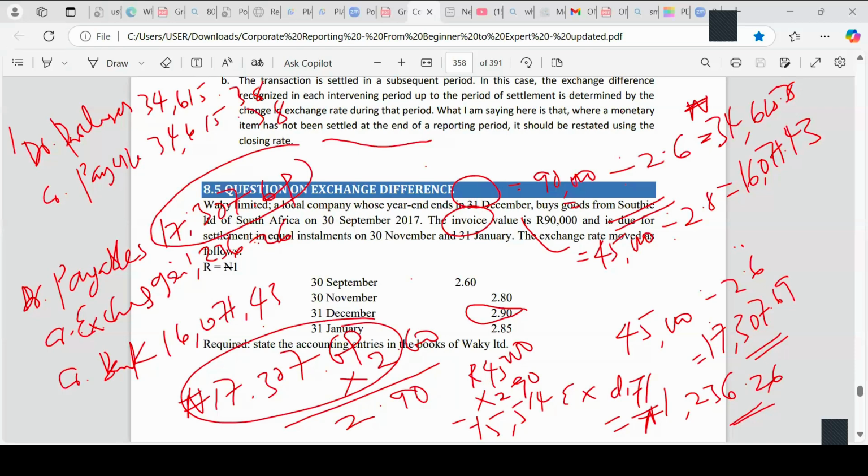So this will go to your unrealized exchange gain. There's not so much headache around it with regards to the exam. I just have to make that distinction, especially for those of us who are working practically or professionally in financial reporting. I just want to ask, do we have a problem with this? Because I want to move on and face the major thing.